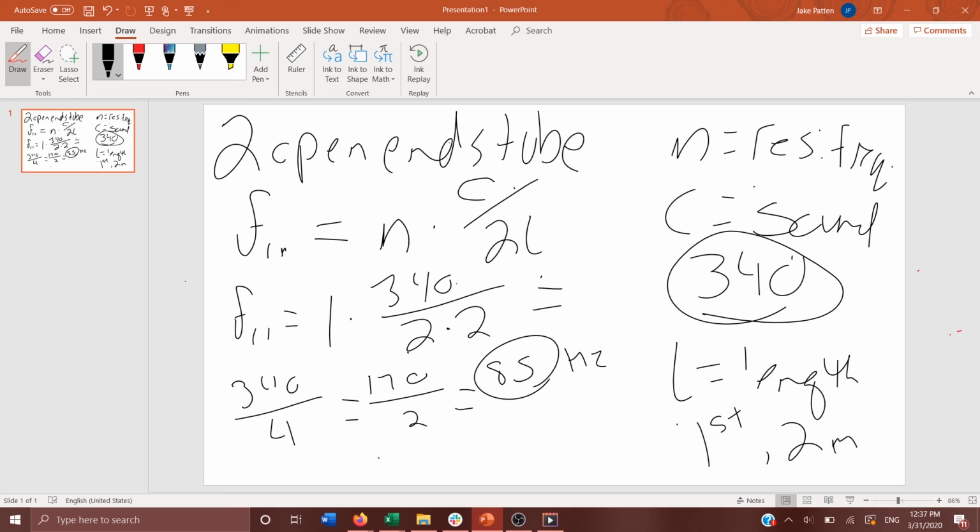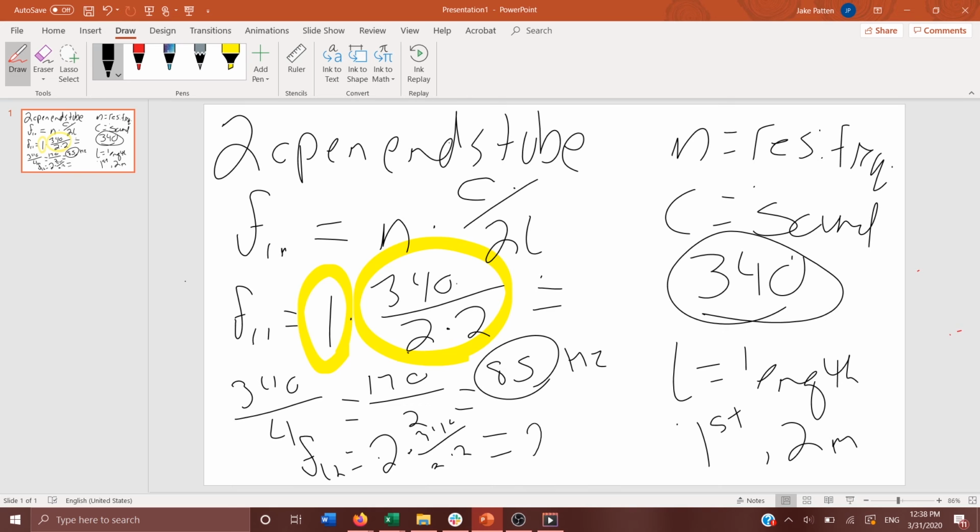Great. Well, what if we want to find the second resonant frequency? We can do that too. If we want to find the second resonant frequency, this isn't going to change. That's all the same. What's going to change is this, the n. So for the second resonant frequency, FR2, we're going to have 2 times 340 over 2 multiplied by 2. Well, we already know that 340 over 2 multiplied by 2 is 85.